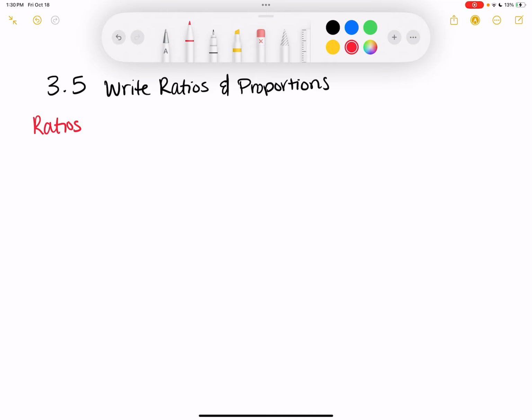Ratios. A ratio uses division to compare two quantities.